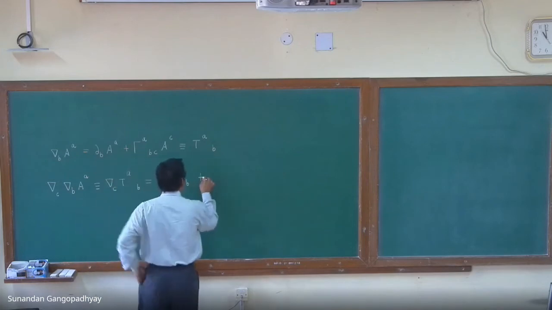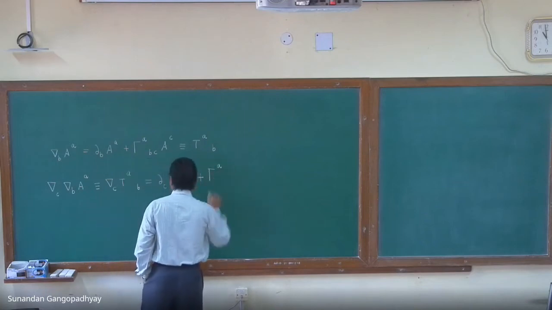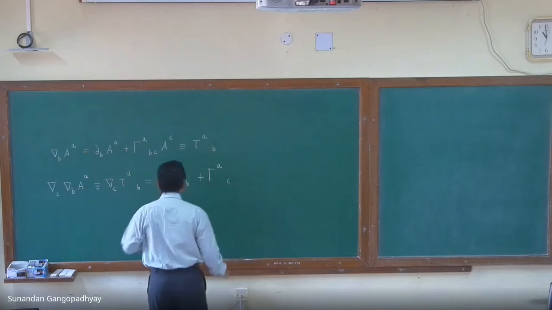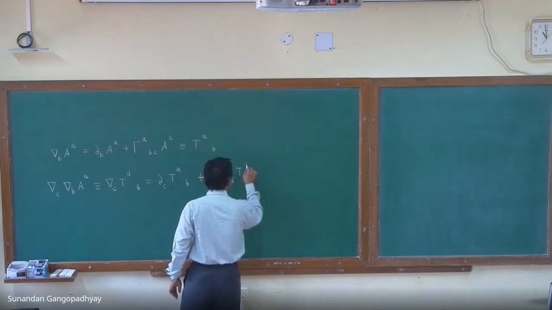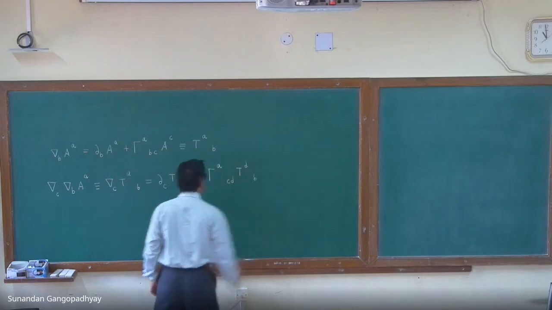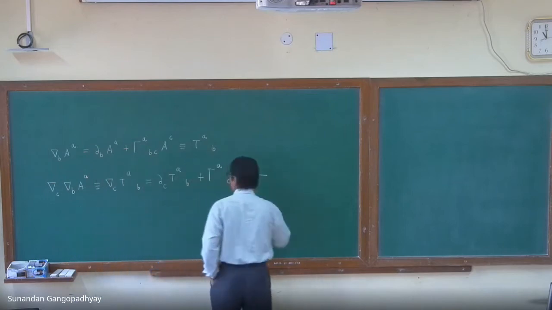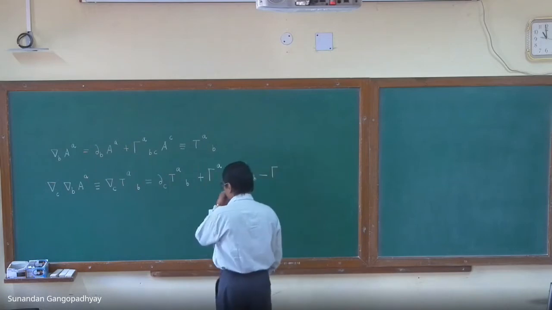Now for the contravariant index, we write it as A, C, D, D. And for the covariant index, we write it in this way.